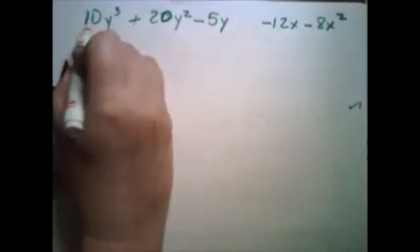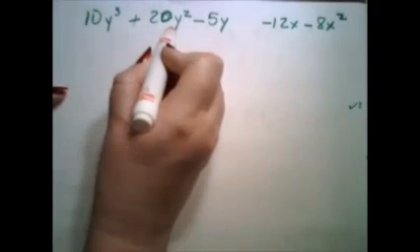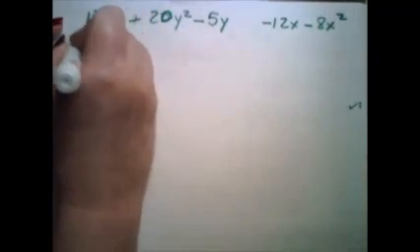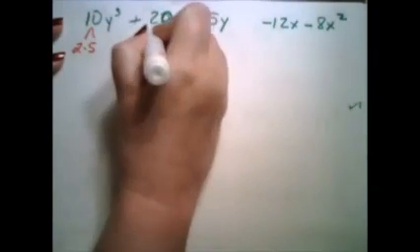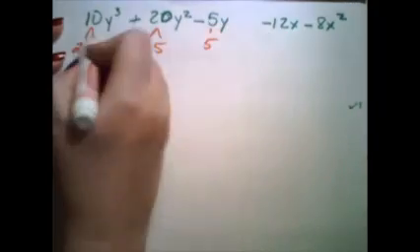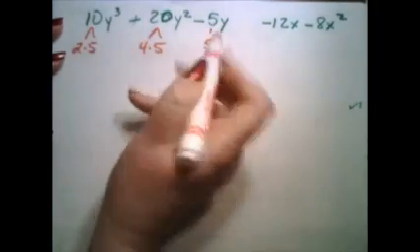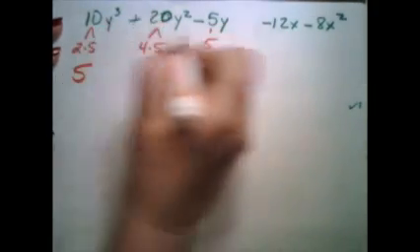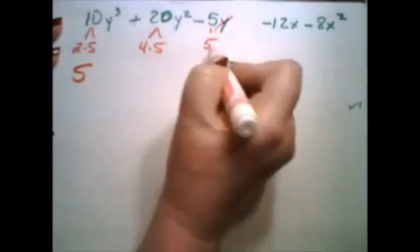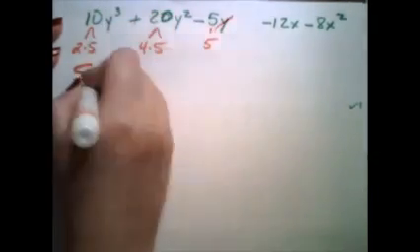Let's try another one. 10y cubed plus 20y squared minus 5y. Well, this is 2 times 5, this is 4 times 5, this is 1 times 5. So I'm going to take a 5 out of here for sure. I'm also going to take out 1y. I know I've got 1y in everything, but not more than that.